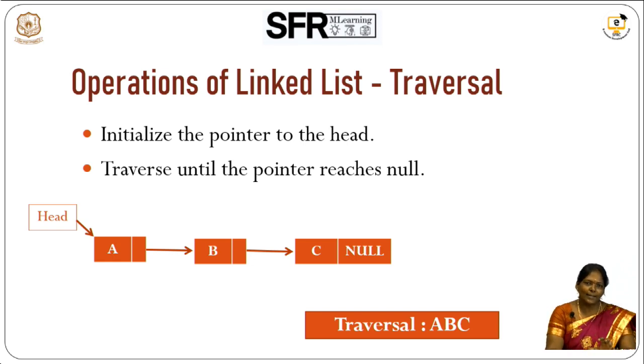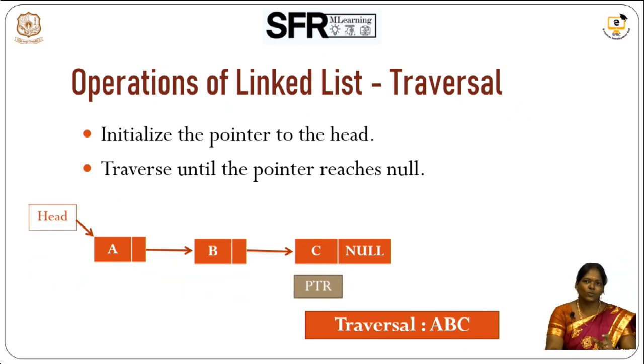In a linked list we also have a lot of operations, like an array. The first very interesting operation is the traversal operation. Here we display all the elements available in the linked list. For that purpose we need to know the head value. The head value always points to the first node. From the head we initialize a pointer.